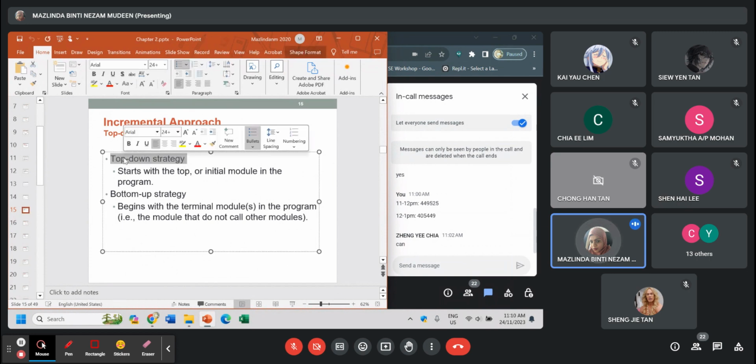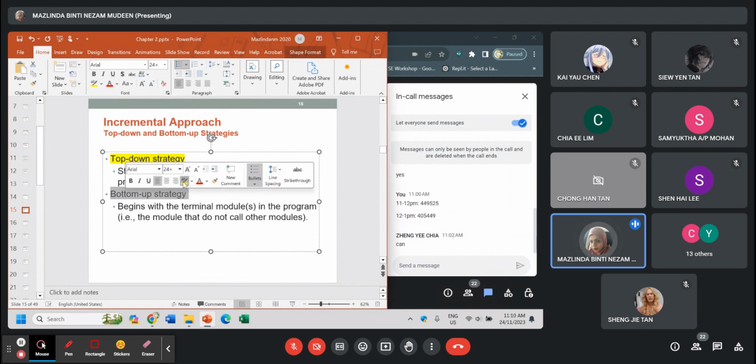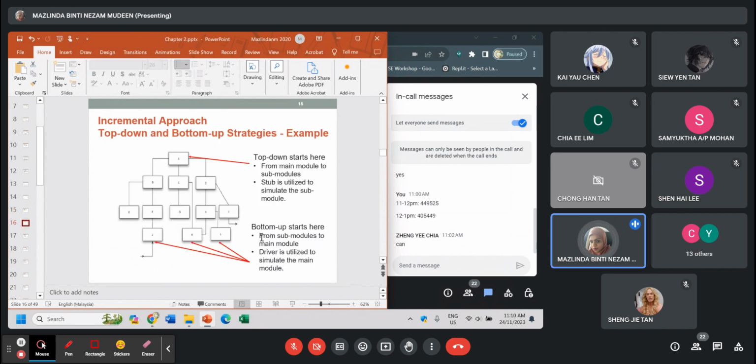Either we use the top down strategy, which means I start from the top level, the highest level of the hierarchy, and then I move down to the last one. The second strategy is bottom up, which means I start the integration from the lowest level of the hierarchy, and then I move to the higher level.